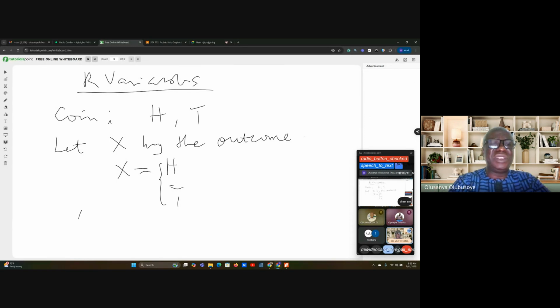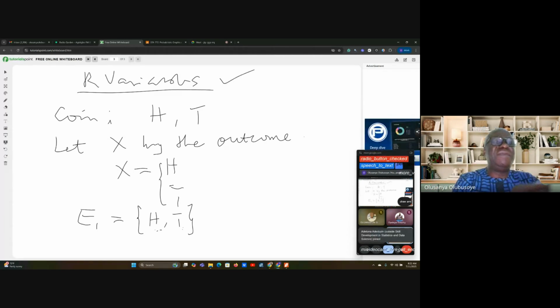And then we could say that experiment, for instance, we define it as experiment one, you have a head or a tail. Because this experiment is such that it can take two possible values, that's why it's a random variable.